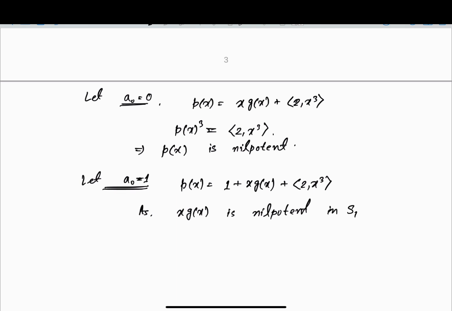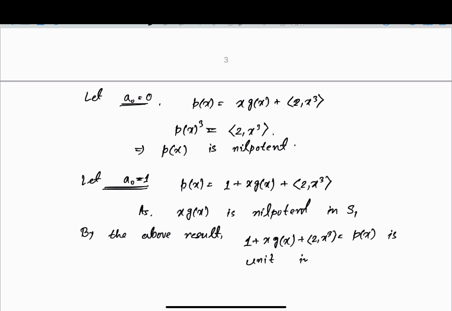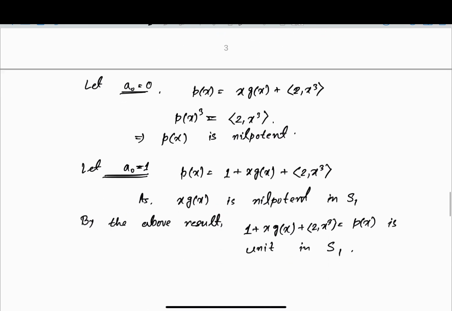So by the above result, 1 plus x g(x), this coset, which is basically p(x), is a unit in S1, right?